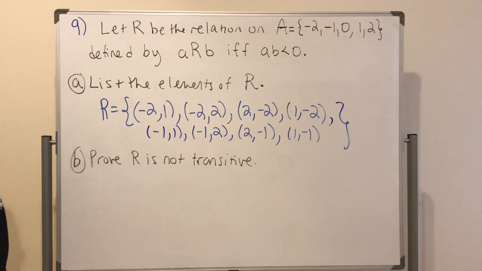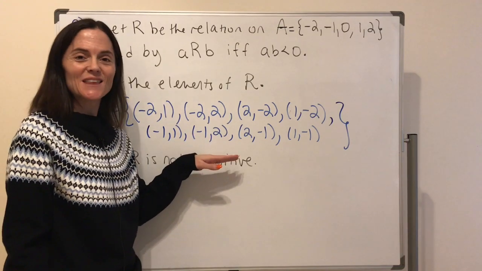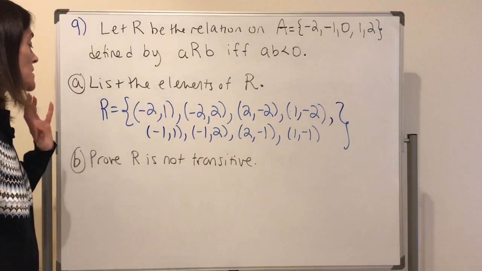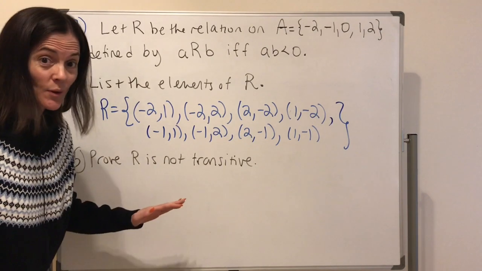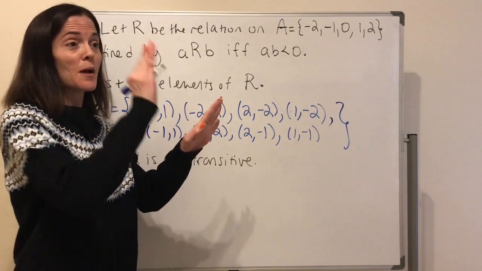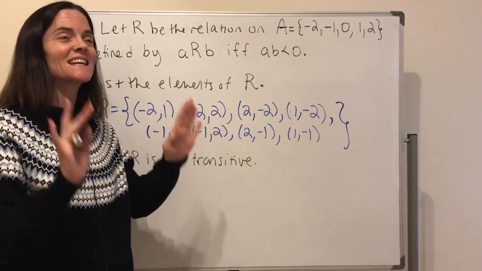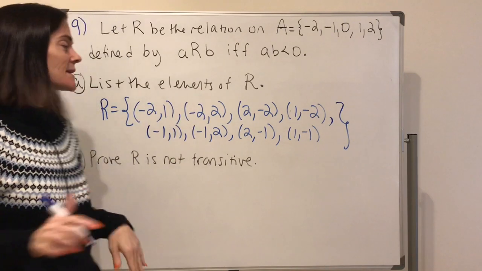Okay, this is everything. Now let's prove R is not transitive. Well, we can do that just by looking at the ordered pairs. So to not be transitive, what we need is an example of, let's say, A comma B in the relation and B comma C in the relation, such that A comma C is not in the relation, like this.